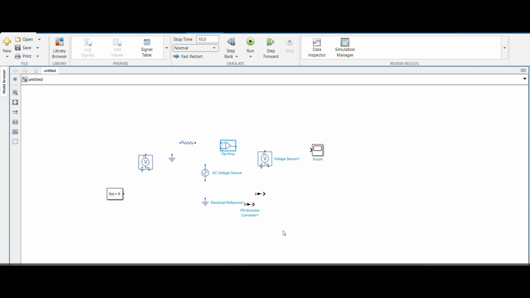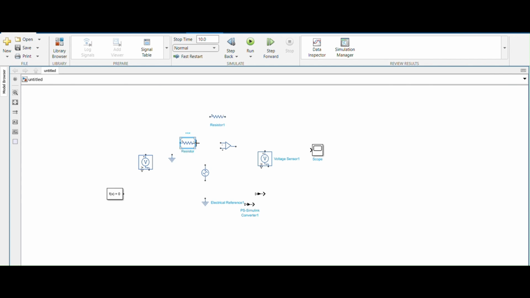To reverse the op-amp, we will right click on the op-amp, then change the sign. A resistor is also needed, so we will do Control C and Control V. The resistor is connected to the op-amp and to the ground.